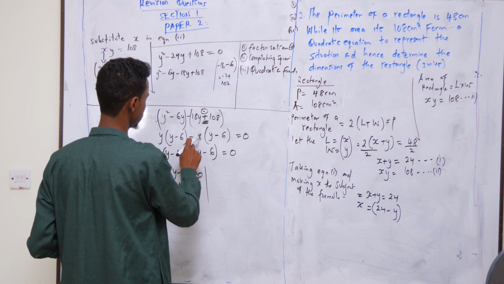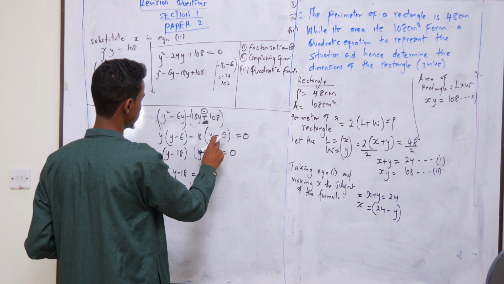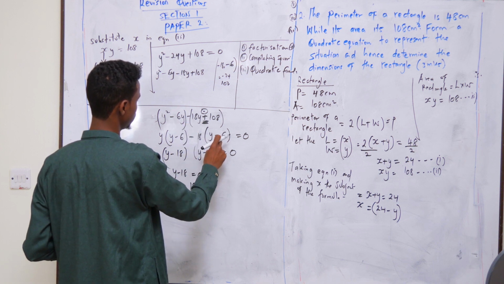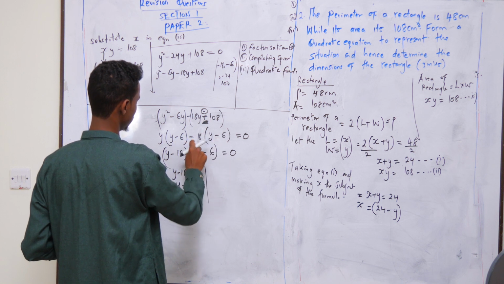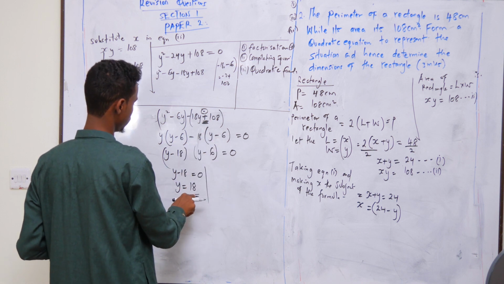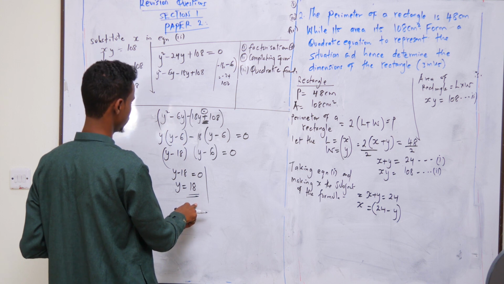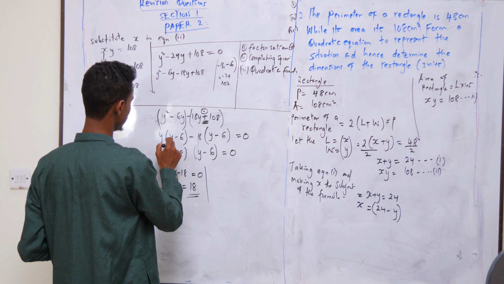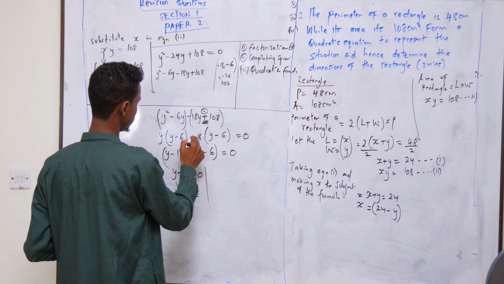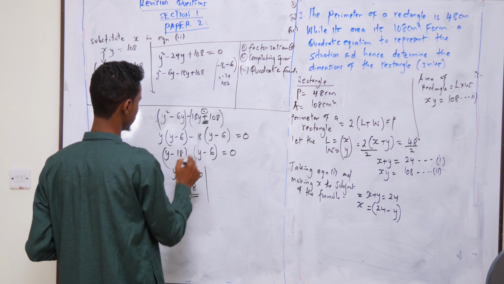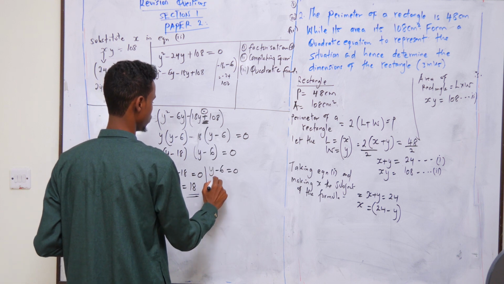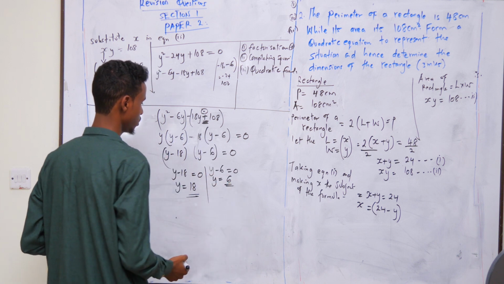Then y minus 6 is equal to 0, y is equal to 6. Very good.